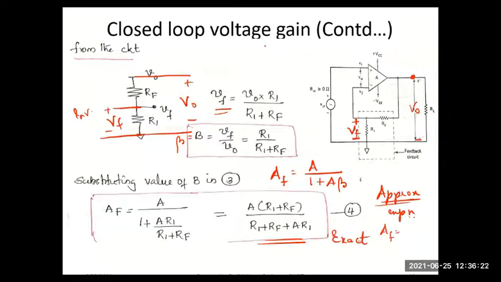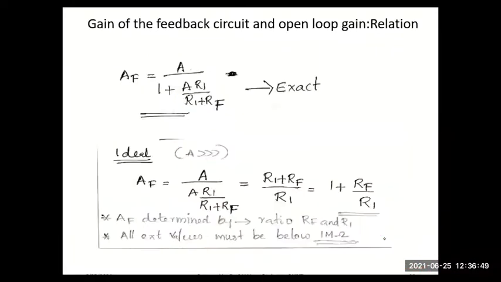Yes, it is 1 plus RF by R1, or in other words, it is RF plus R1 divided by R1, right? This was the approximate expression which you considered. So the exact expression is slightly different. We can derive the approximate expression from this by taking some considerations.